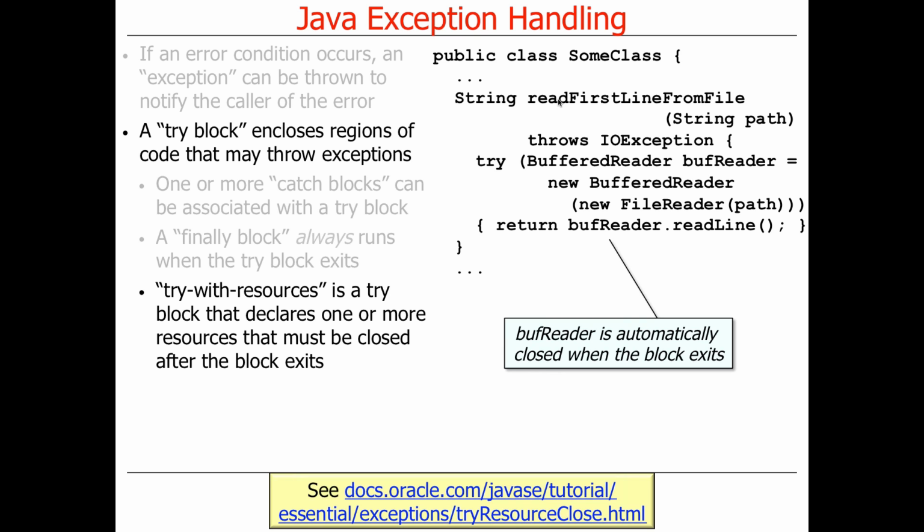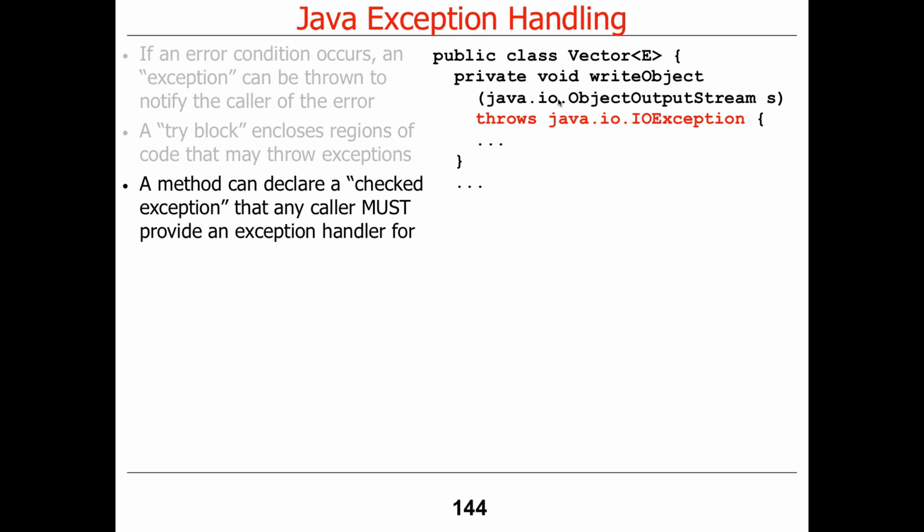So this is what's called auto-closable. And it's cool because it's kind of like destructors, but not quite, and it makes it so you don't have to write really ugly, torturous code. So if you want to learn more about this, go take a look at the try-with-resources close link I have here, and it'll explain and give you some examples and show why it's an improvement upon what was there before.